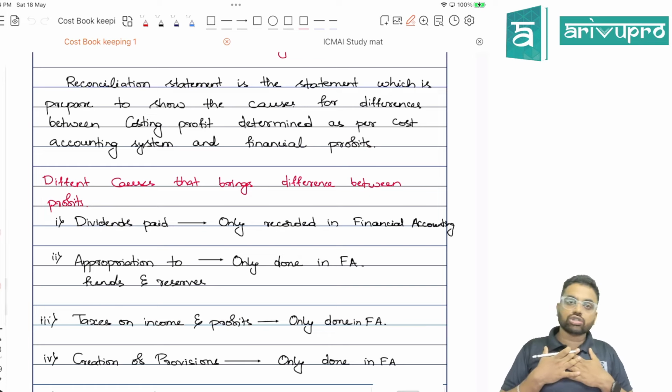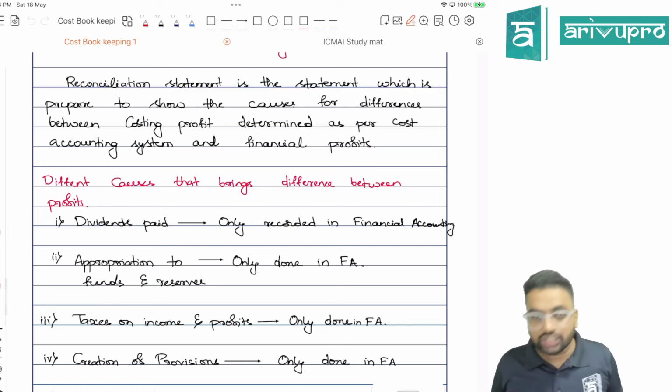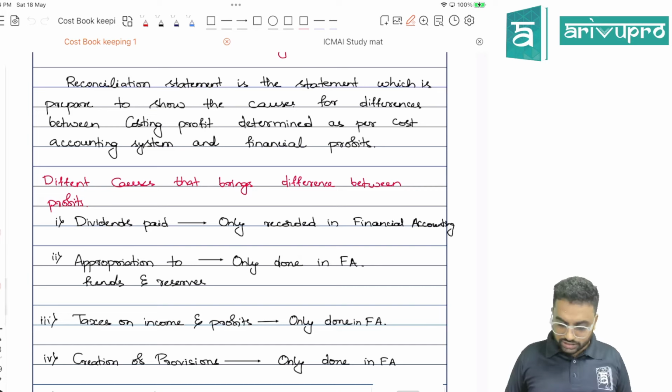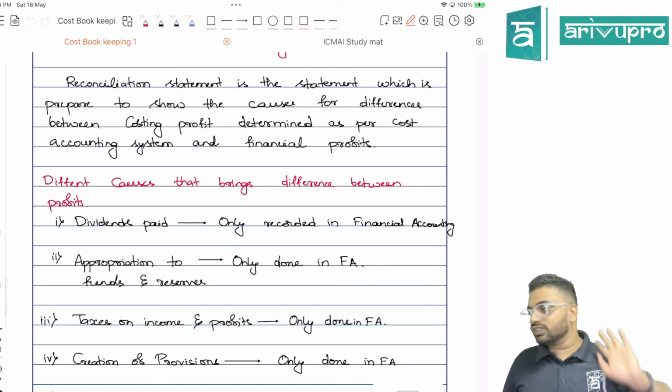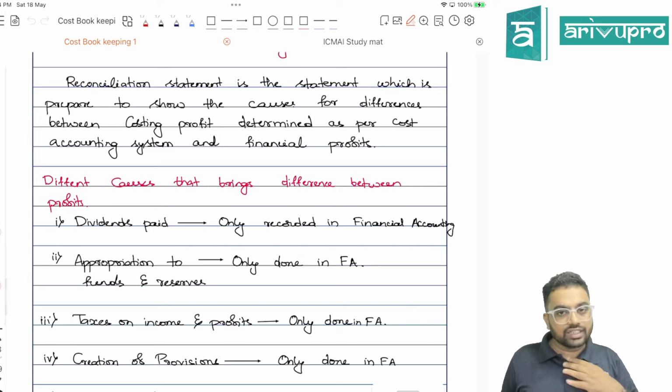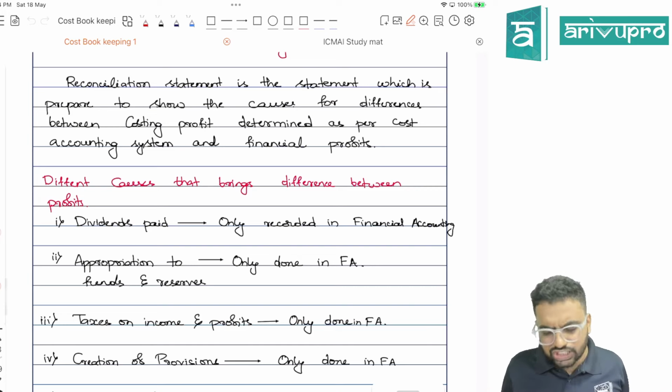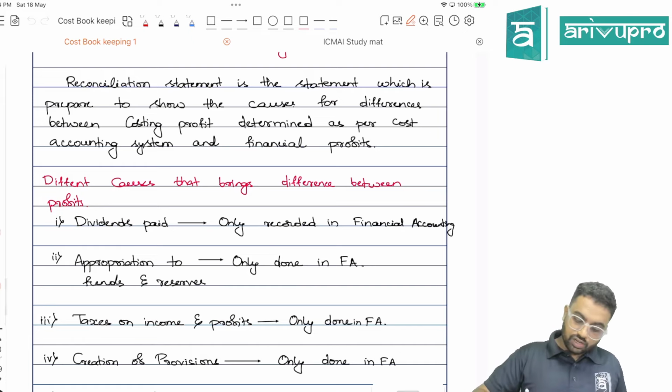For the time being, you should understand what reconciliation means and what the causes for the difference are. As per that, the first cause we saw is dividend paid. Because dividend paid is a pure financial item, it has no implication on our cost sheet or cost records, which are basically non-integrated accounts. Okay, sir. Next one.